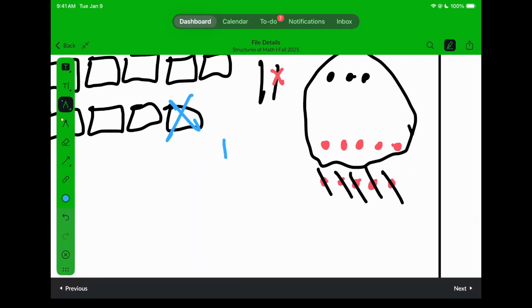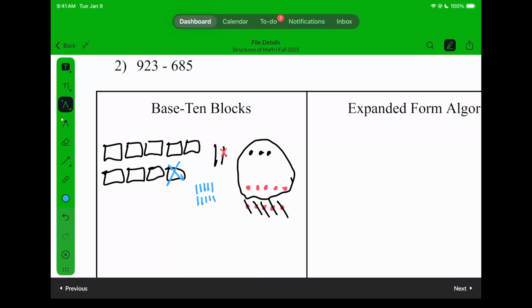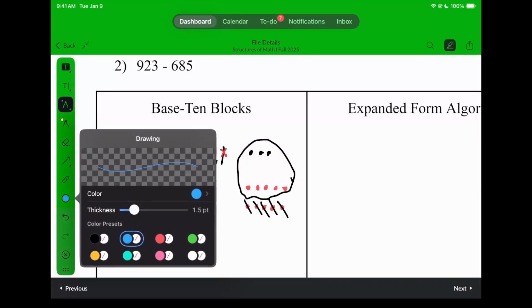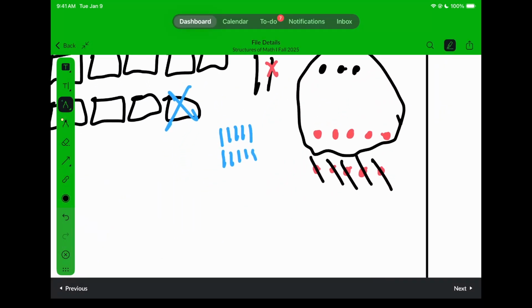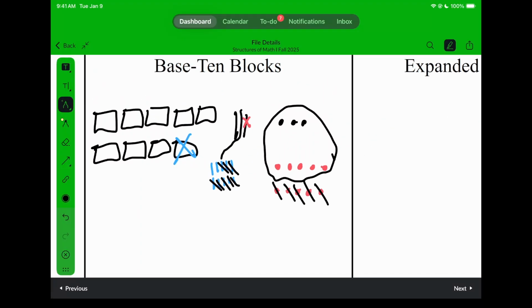Then check this out: 1, 2, 3, 4, 5, 6, 7, 8, 9, 10. Look at that. We have 11 units. And now we can take away 8. 1, 2, 3, 4, 5, 6, 7, 8. And we're left with these 3.